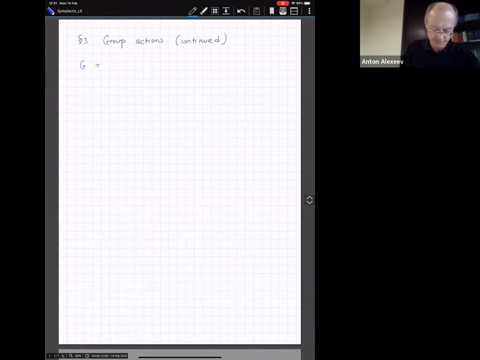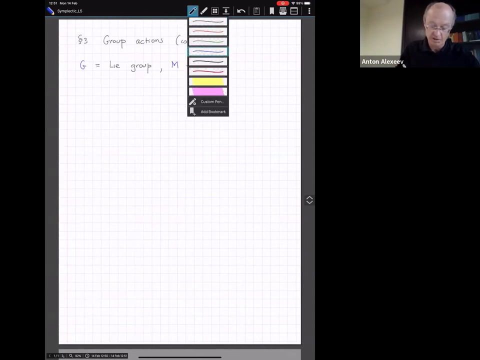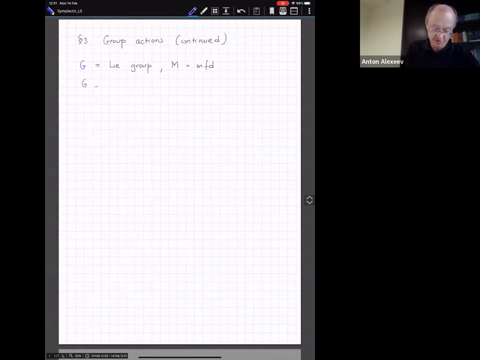Well, so here is our context. G is a Lie group, and let's say M is a manifold. And G acts on M, so sometimes that's the notation for it.